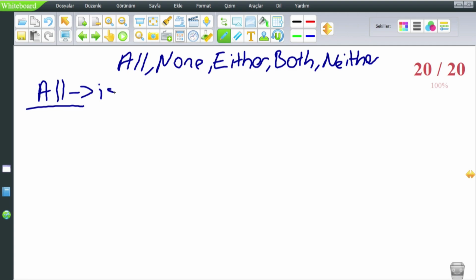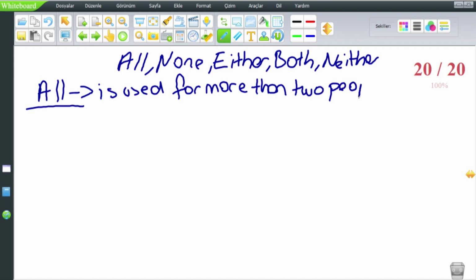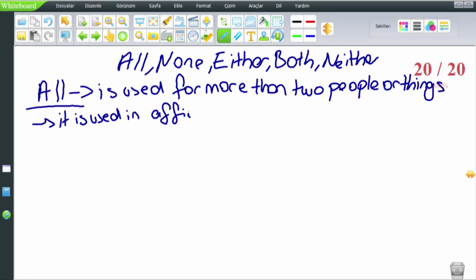All is used for more than two people or things. It is used in affirmative sentences, and the meaning is affirmative.